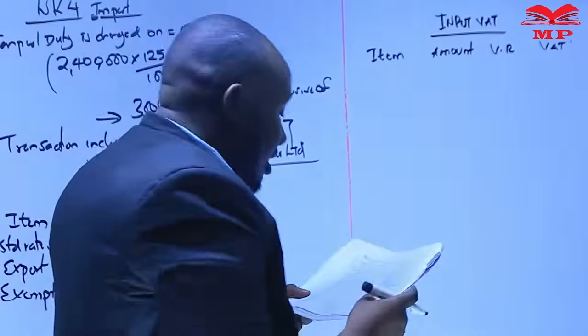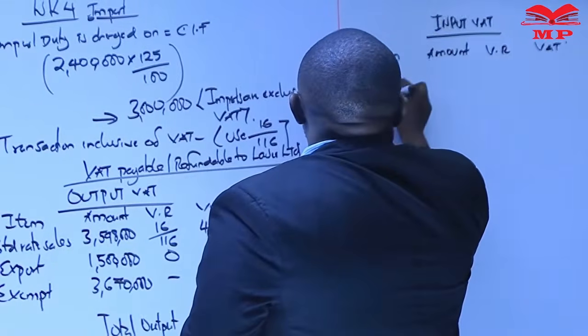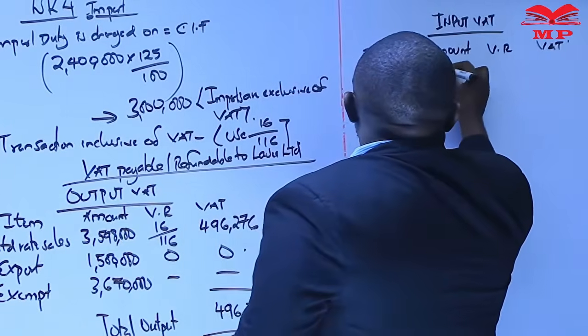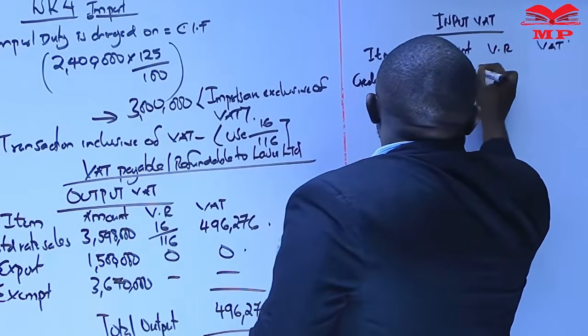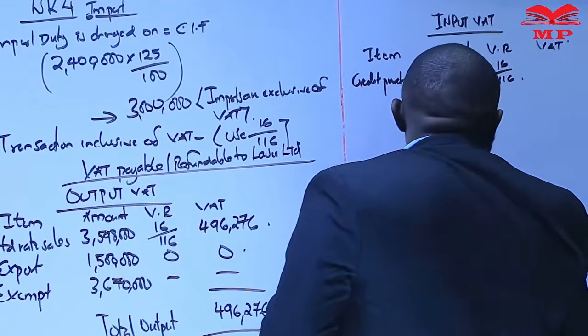The first item that we had was credit purchases. We charge VAT on the credit purchases. So credit purchases, a figure of 4,750,000. The VAT rate, because it's inclusive, is 16 over 116.